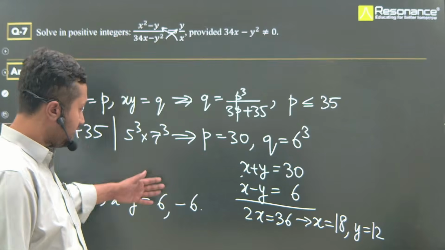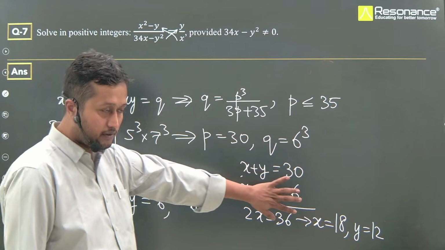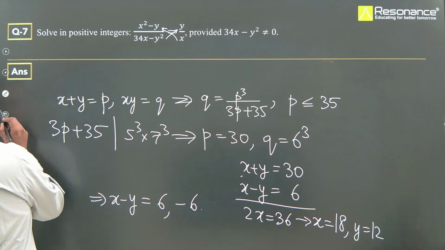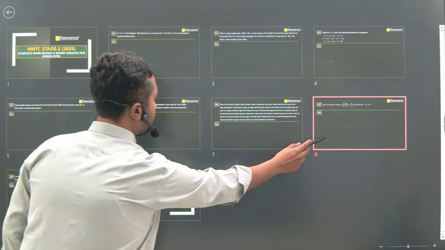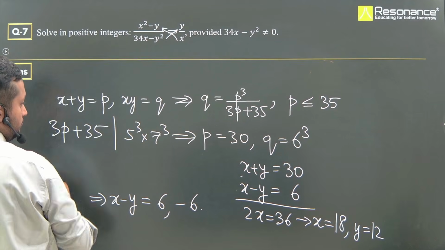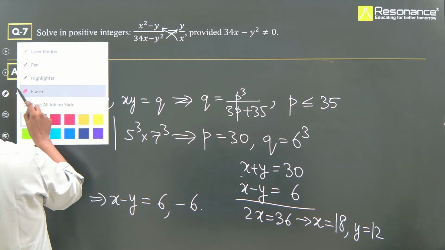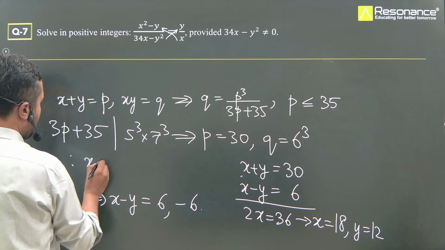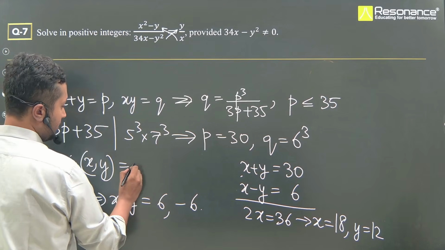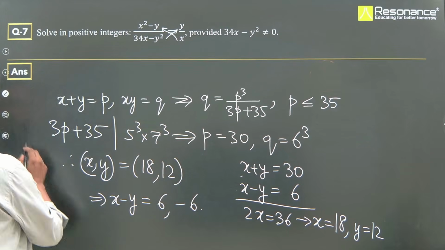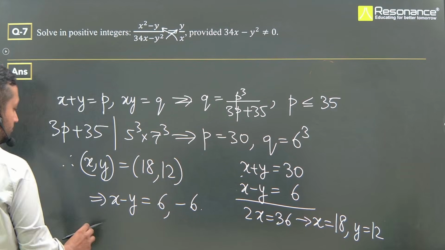The other case, you'll get 12 and 18, right? So that's all. Therefore, x comma y is 18 comma 12 or 12 comma 18.